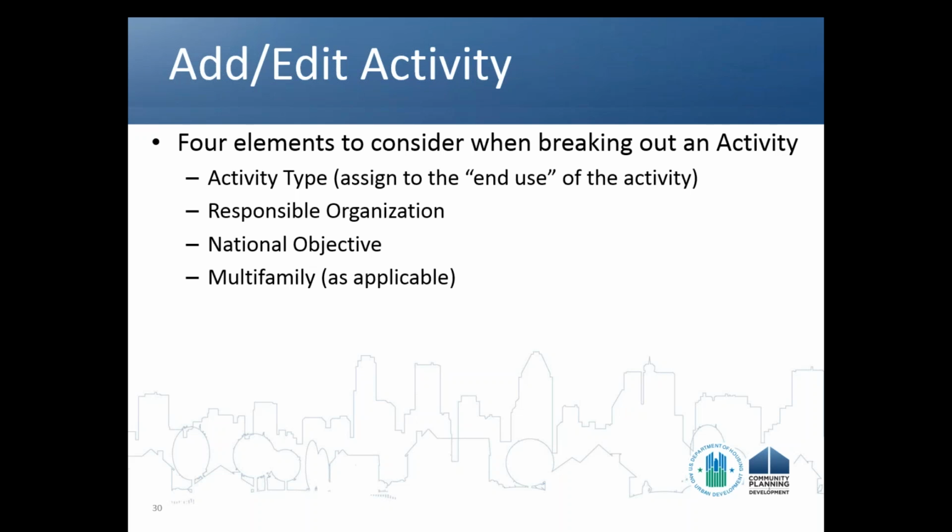They're the ones that are going to be the responsible organization over that pot of funding, and they would therefore be your responsible organization for an activity. National objective, again, I'm not going to go into the exacts of what a national objective is or isn't here. Please refer back to the other webinars that went into detail. But what is the national objective you need to meet for your activity type?